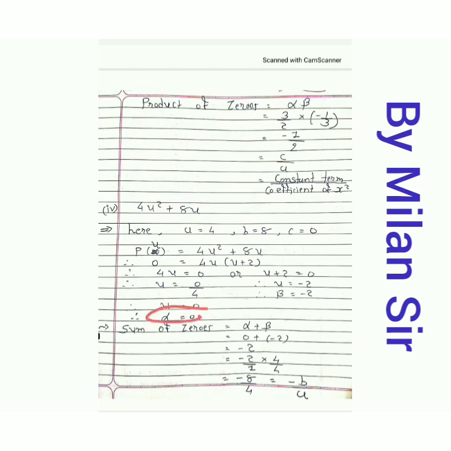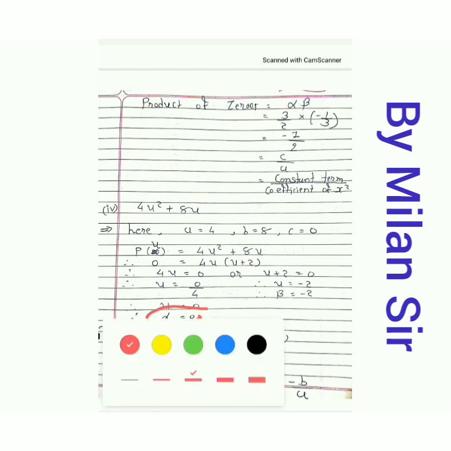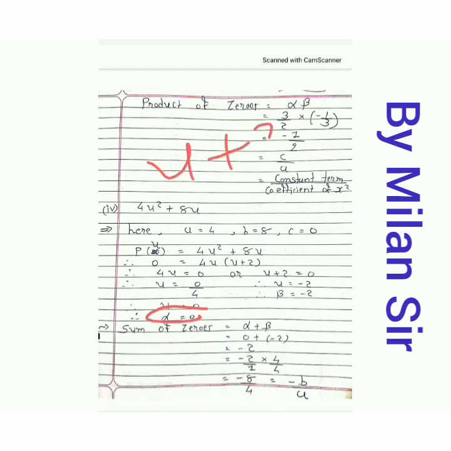Okay, same method as we used last time. Then second thing, now u plus 2 is equal to 0, so transfer 2 to the right hand side, so on the right hand side minus 2, so u is equal to minus 2. I give the name beta to my second zero, so beta is equal to minus 2.